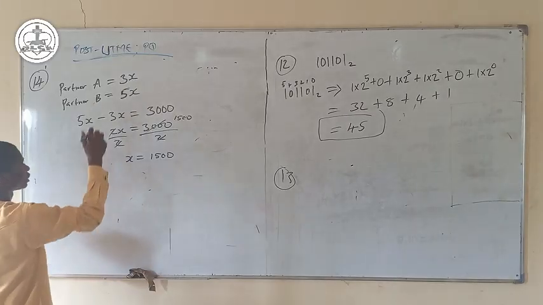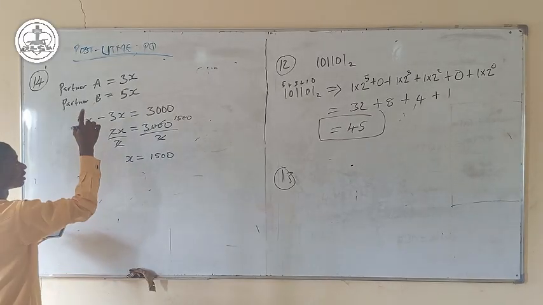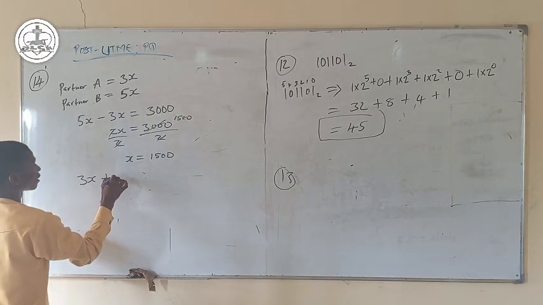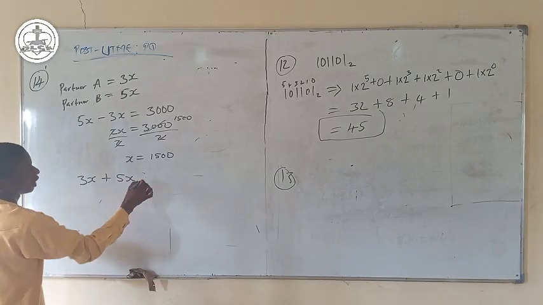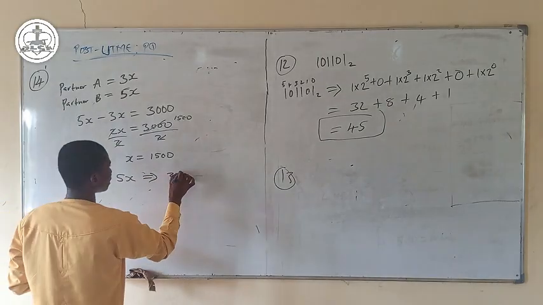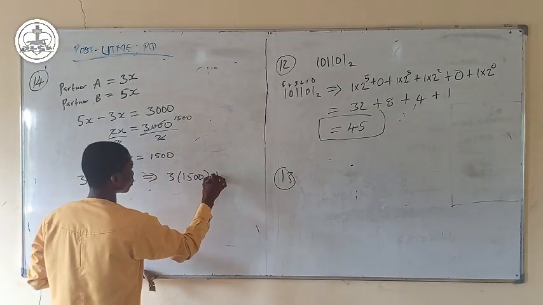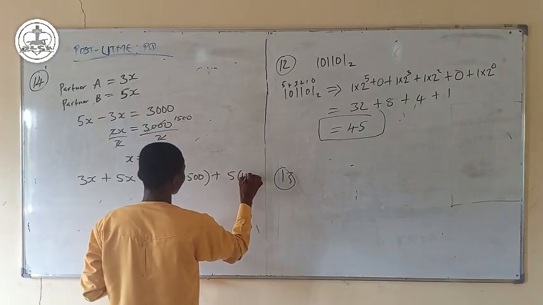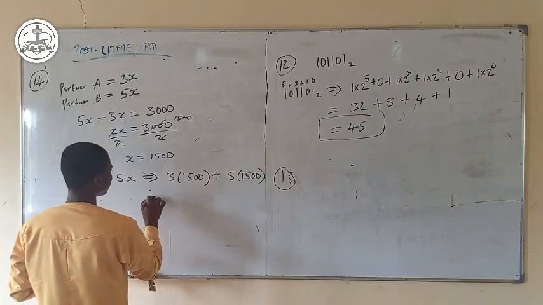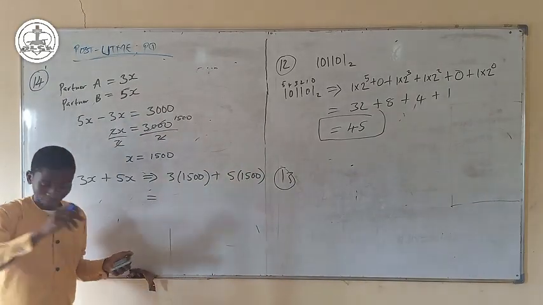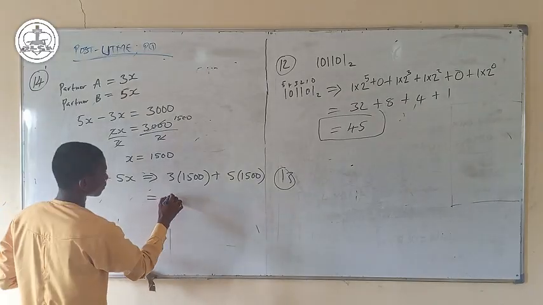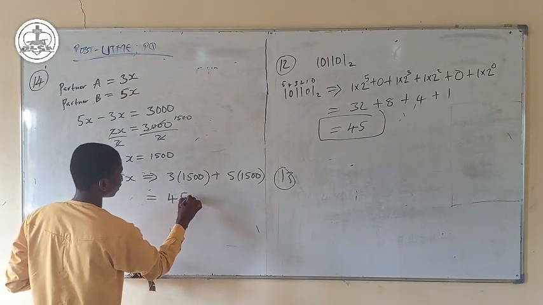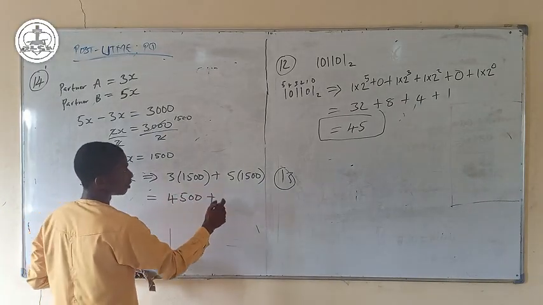This is their profit. So this is going to be 3x plus 5x. And this implies what? 3 times 1,500 plus 5 times 1,500. So this is going to be, what do we have here? This is going to be 4,500, right? Plus, what do we have here?